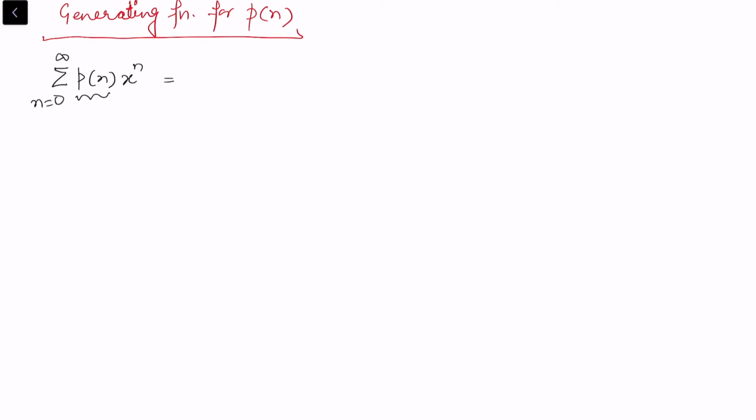And on this side, now notice that for this integer n, this is the positive integer for which I am seeking to write all the partitions. And here there is no restriction on the part size, so any part size can come. We have seen in the definition that a positive integer n has a partition into positive integers, so the positive integers start from 1, 2, 3 onwards.